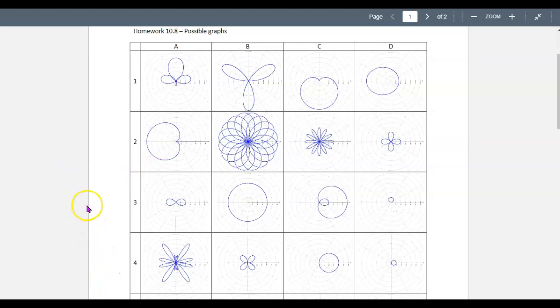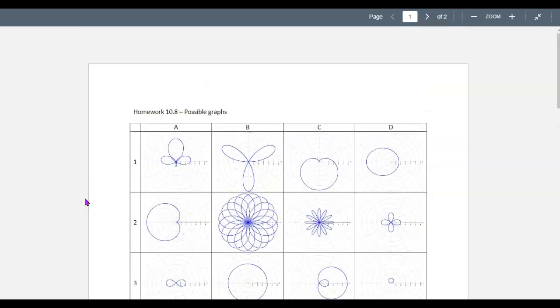And if you find any that are particularly interesting, that you really like, especially if they're different from some of the ones in the book or the ones that I've talked about in this video, go ahead and share them with us. I'm going to set up a discussion board on Canvas where you can come in and post about the polar coordinate equations you've come up with.